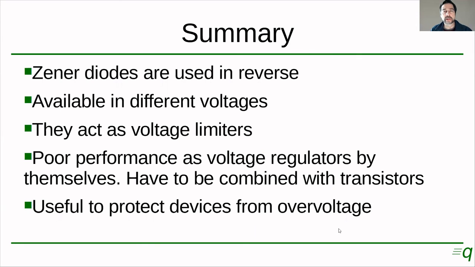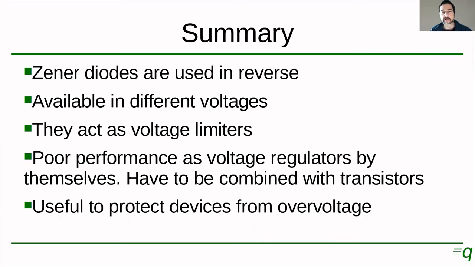Okay, so let's do a quick review of what we saw today. We studied Zener diodes. They are used in reverse to the point where they cannot block the voltage anymore. And they are available in different voltages, right? So you purchase those, or you specify the Zener diode to the voltage that you want to have.